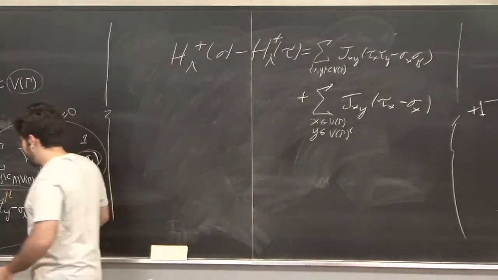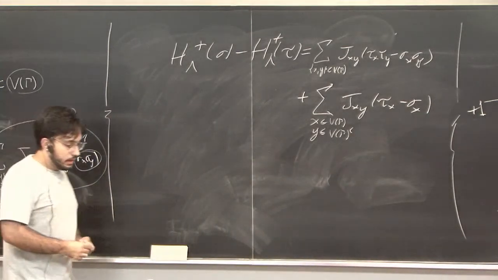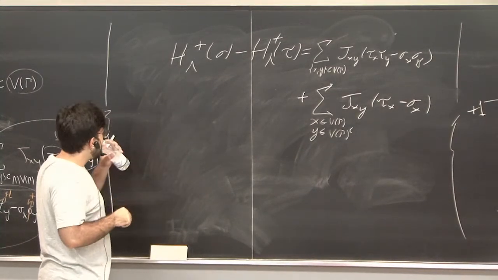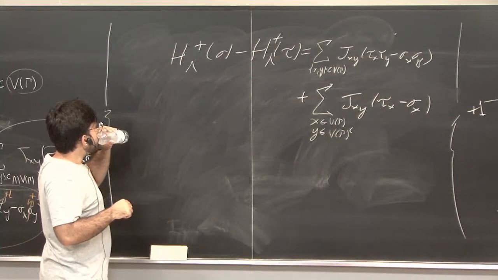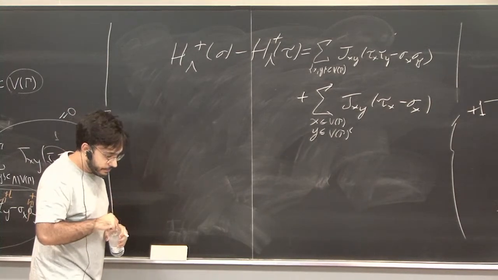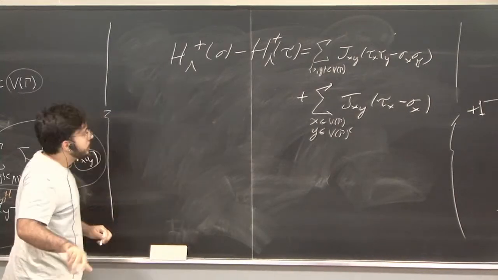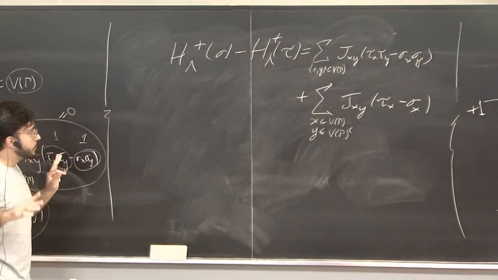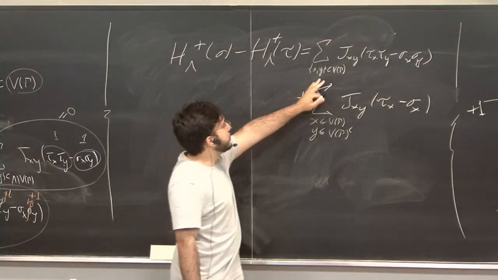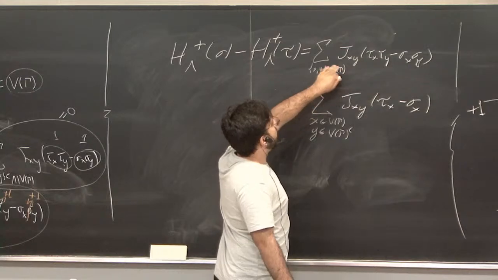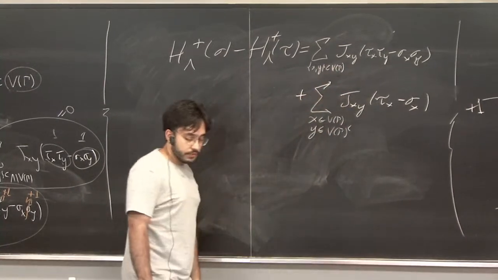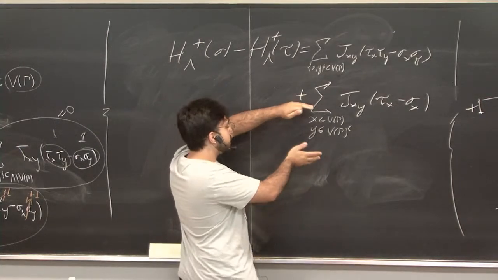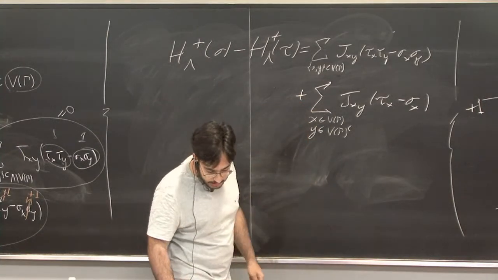So the first thing that I can see that follows from this calculation is that the size of the box disappeared in this difference. What remains is only what is happening inside V gamma. So what is important for the difference of energies is just what is happening inside this finite set.